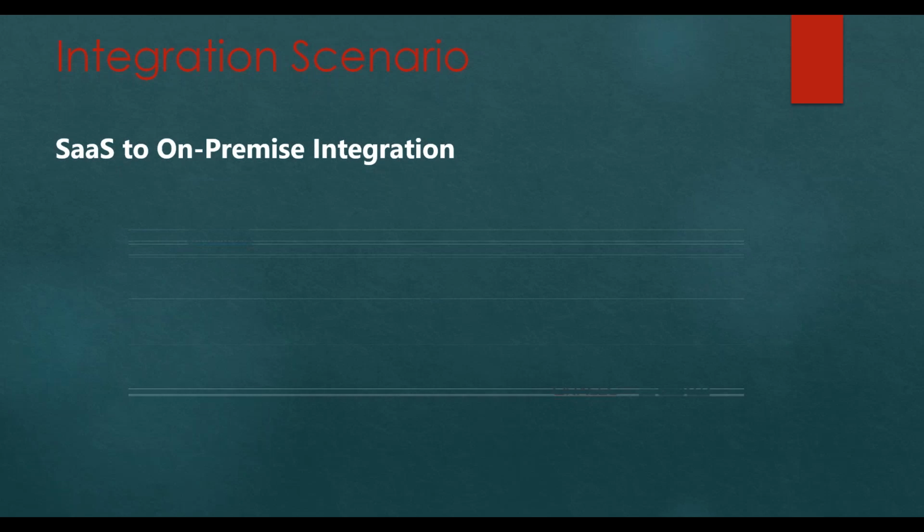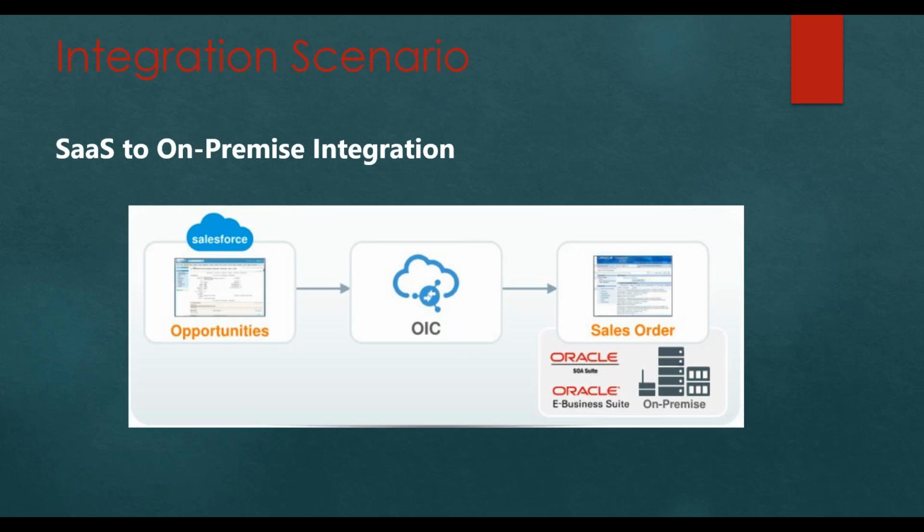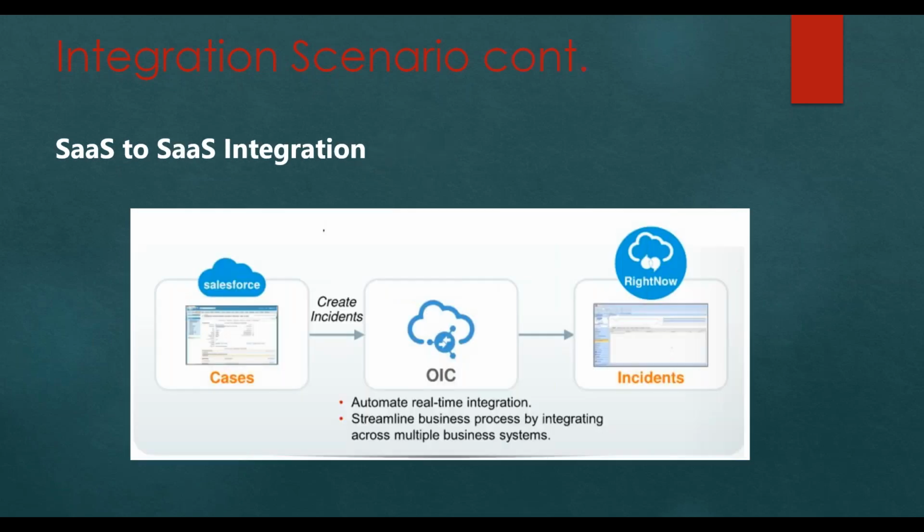Now, what do you need to do whenever you are building an integration? First, you need to create a connection with the help of an adapter, which comes with the integration cloud. With the help of this connection, you will build an integration with the help of the available patterns.